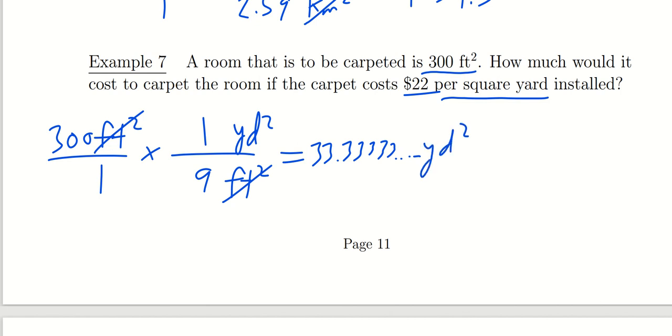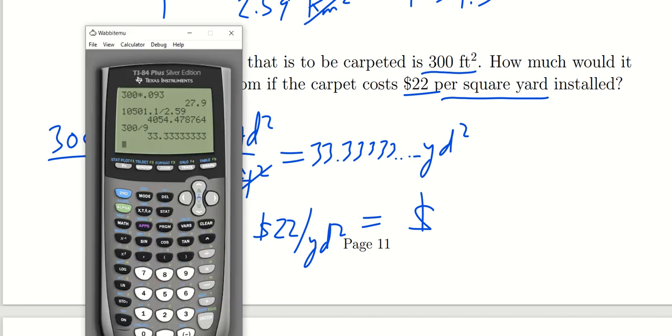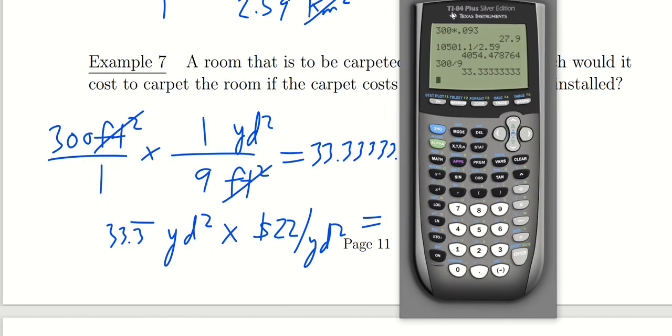I'm now going to take that 33.3 repeating square yards, multiply it by the cost of $22 per square yard, and what this should give us is the total cost. Luckily, I still have that number saved in my calculator, so I still have all of those decimals right there, and I'm just going to now multiply it by 22.